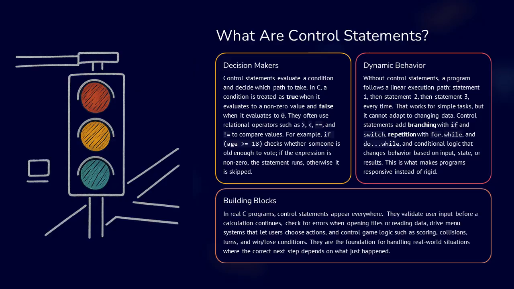What are control statements? Decision makers. Control statements evaluate a condition and decide which path to take. In C, a condition is treated as true when it evaluates to a non-zero value and false when it evaluates to 0.